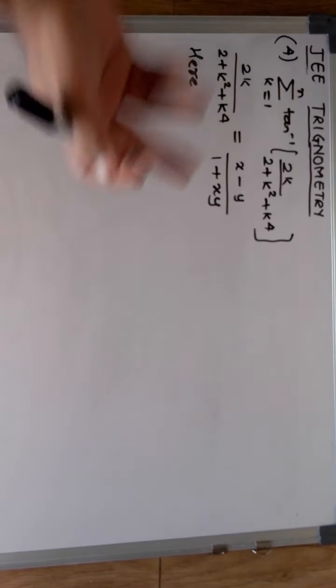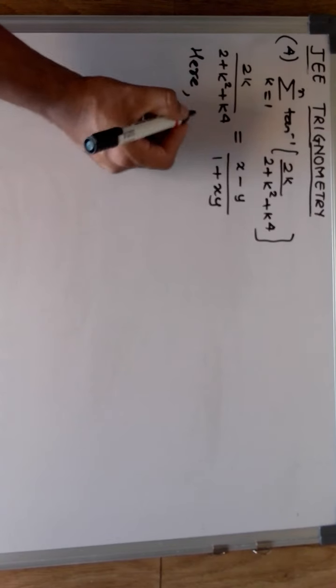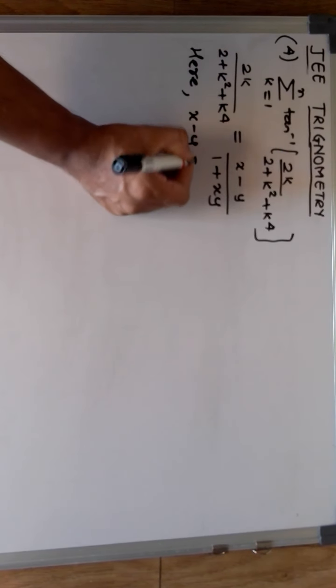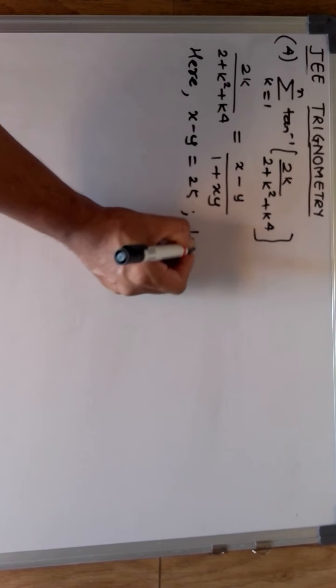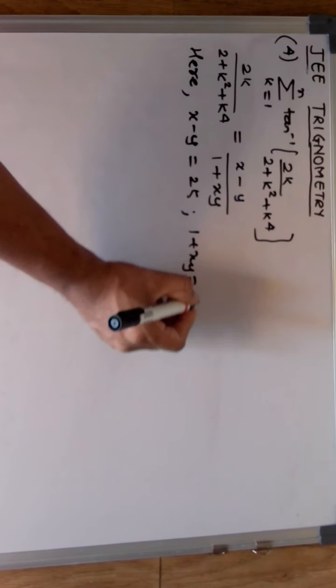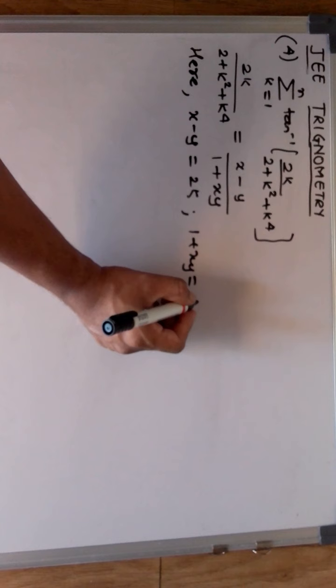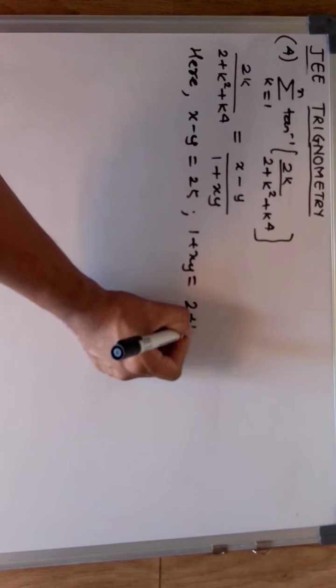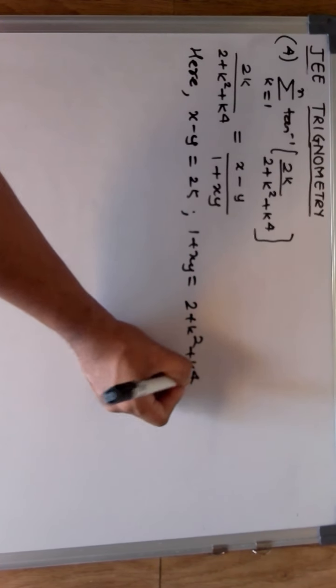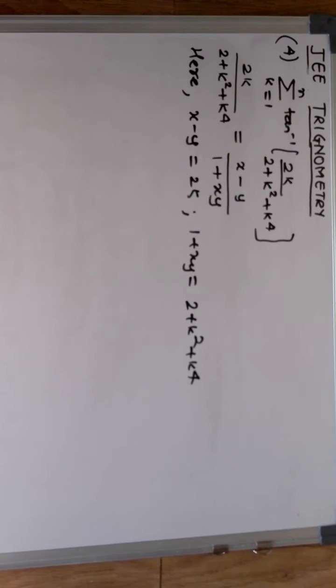If it does not work, then I have to go by x plus y. So x minus y will be your 2k, and 1 plus xy is equal to 2 plus k square plus k raised to 4, by observation.